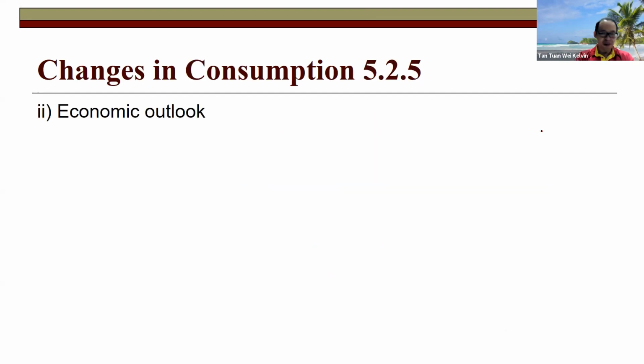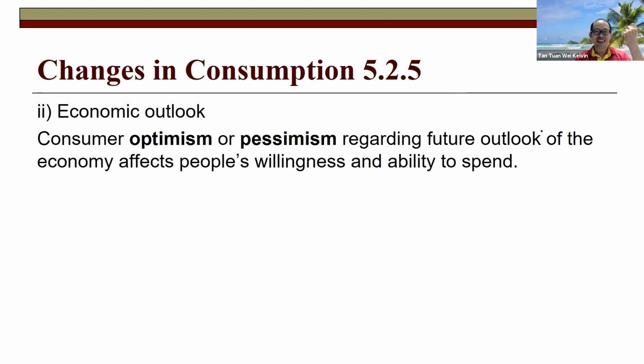Next, economic outlook. So we are at 5.2.5. This is concerning the consumer's optimism or pessimism regarding the future outlook of the economy. Basically, when you are more optimistic about the future, you tend to want to consume more. However, if you are pessimistic of the future, you will consume less.